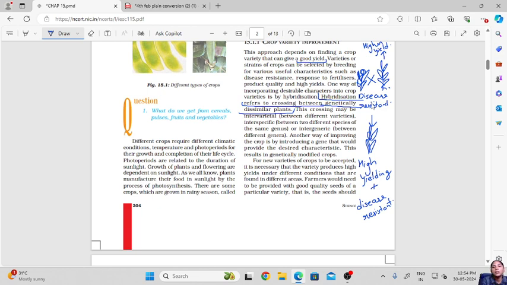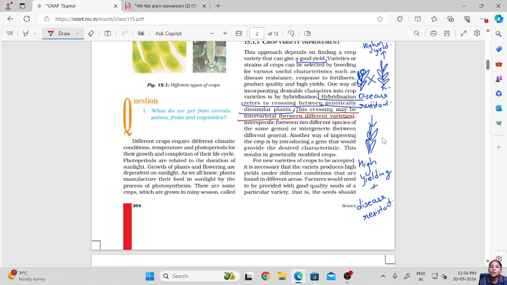So this crossing may be, let us highlight it in a different color, intervarietal. Intervarietal means between two different varieties.